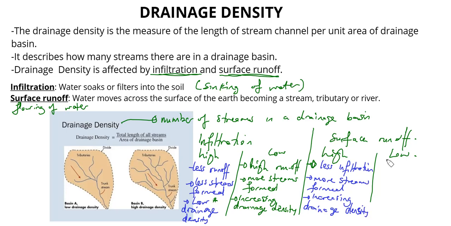That's what you're doing here. What about here? When we have got a low runoff, it means that we have got high infiltration here. And when you've got high infiltration, it means less streams. Less streams, we are decreasing, so low drainage density.